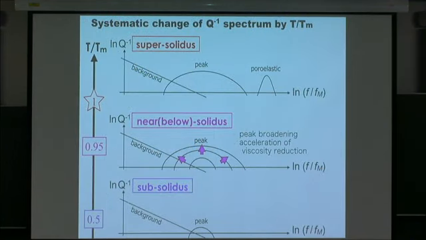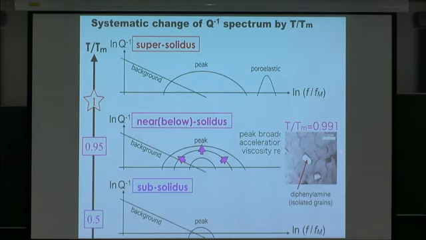So what is the cause of these changes below the solidus temperature? You may think that partial melting started below the solidus temperature, but if we look at the microstructure annealed at 0.99 homologous temperature, diphenylamine exists as isolated grains, and we cannot see any sign of partial melting.